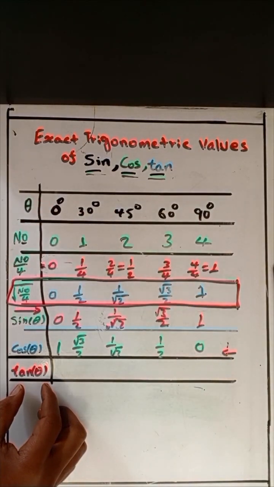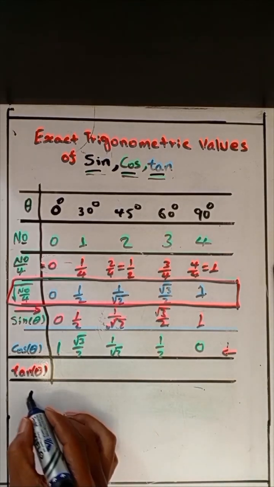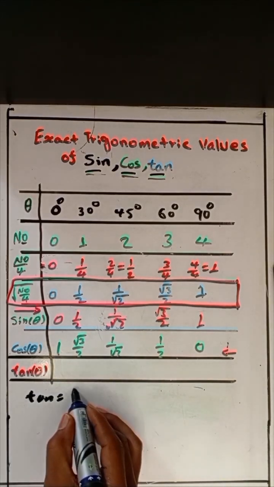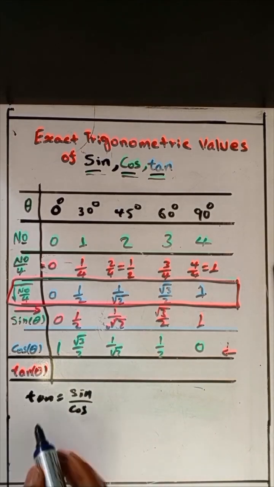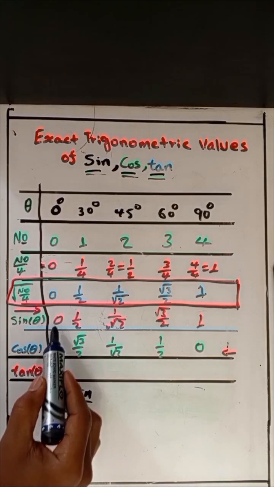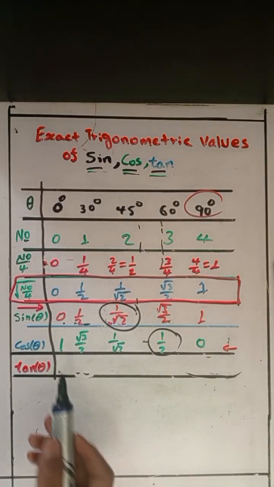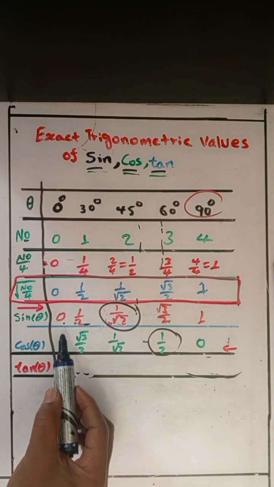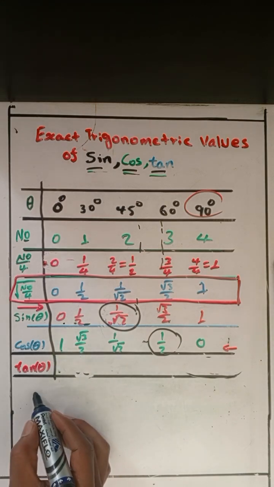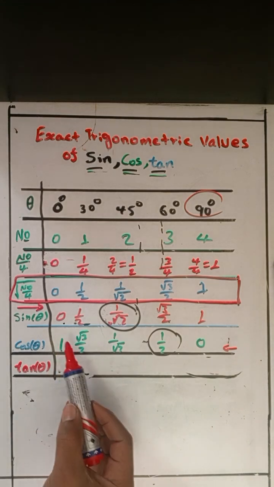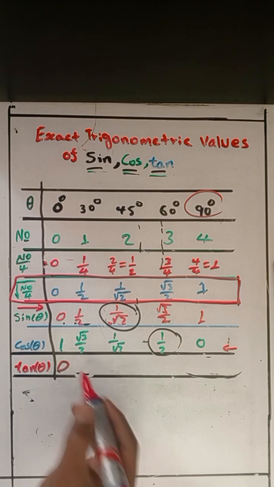To determine these, you have to remember that tan is equal to sine over cosine. To determine these values, you have to divide the last two rows. For the first one, we have 0 over 1, which is equal to 0.